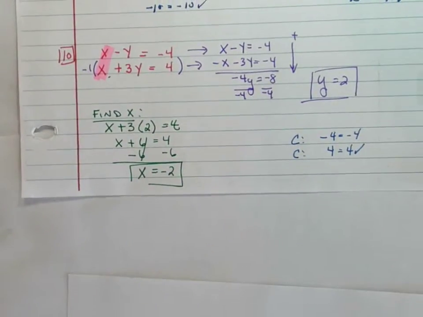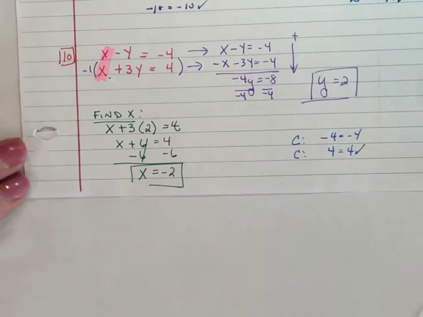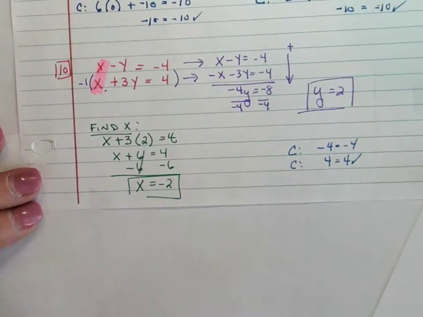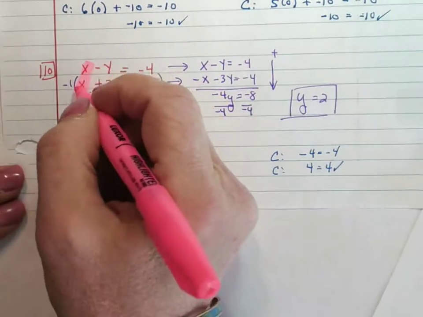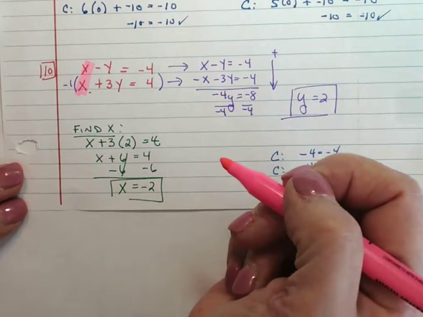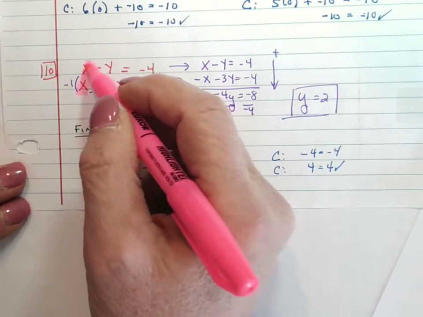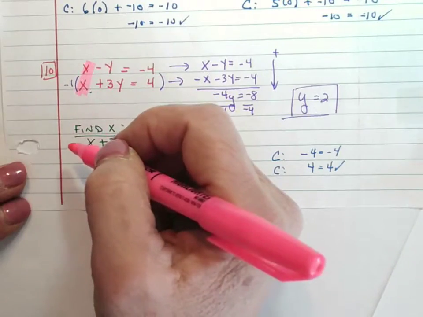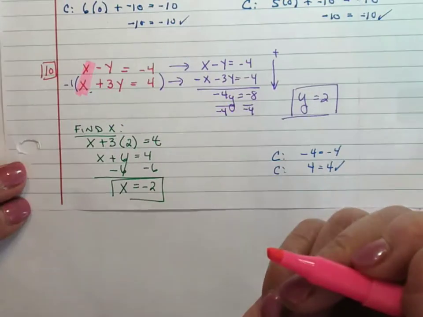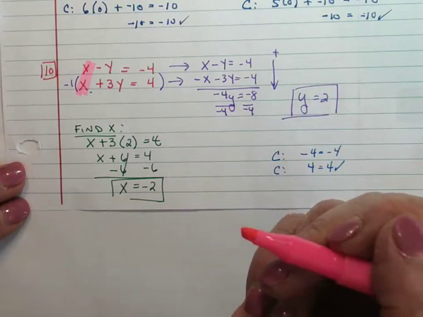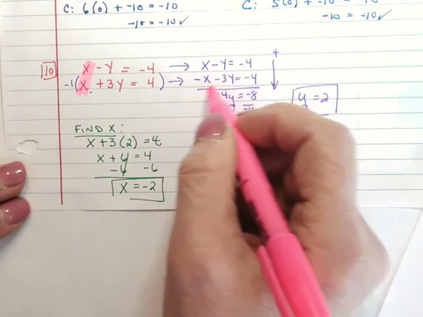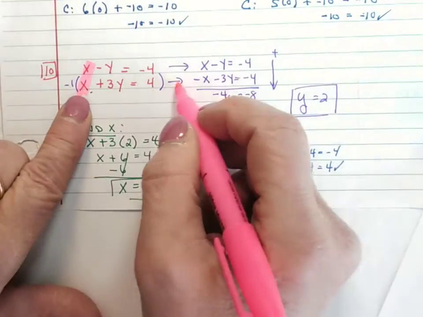Number 10. Notice here in number 10 that x has the same coefficient. So we cannot add these because then we get 2x. So we multiply this one by -1. And then we're going to get all opposite coefficients here.